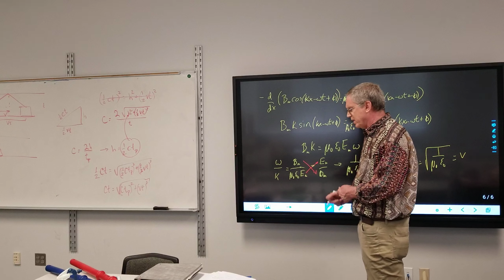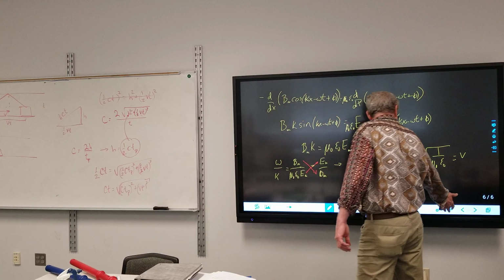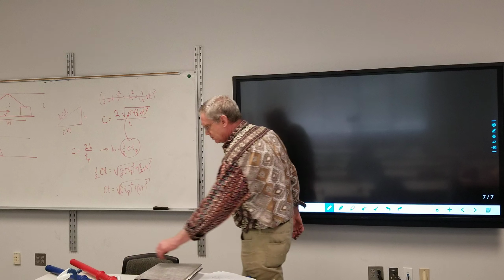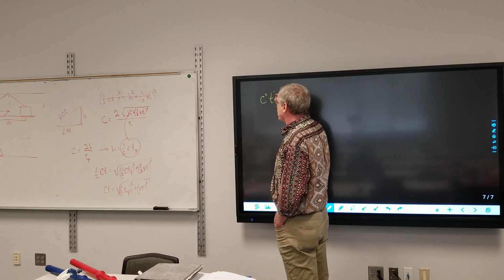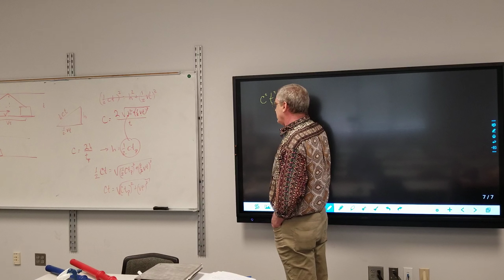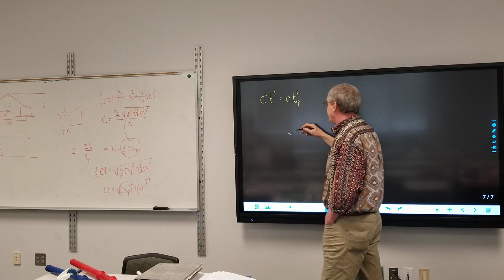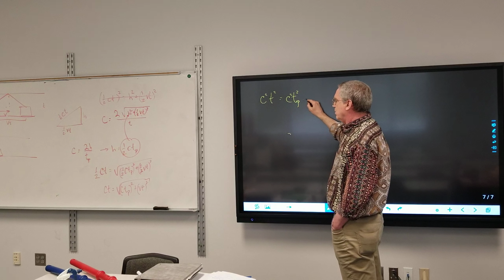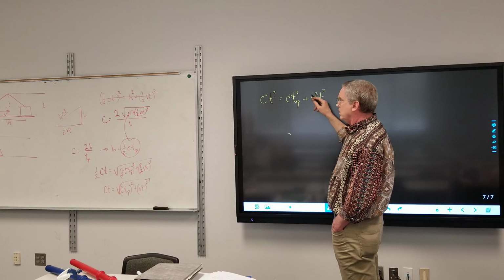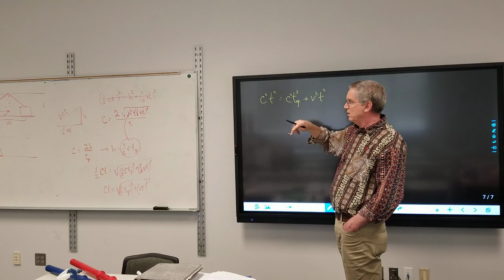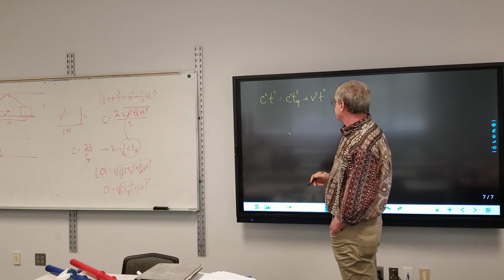Now I'm going to square both sides. So I have the speed of light squared times time squared in the lab frame is equal to the speed of light times the time in the proper frame, or the box frame, squared, plus v squared t squared. Again, that's the speed of the box in the lab frame, and that time right there is the time in the lab frame.